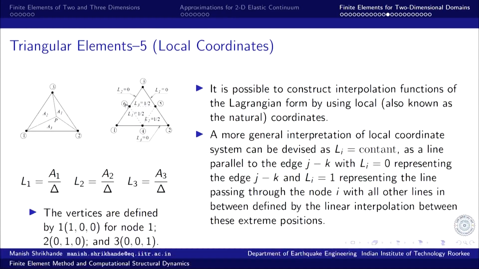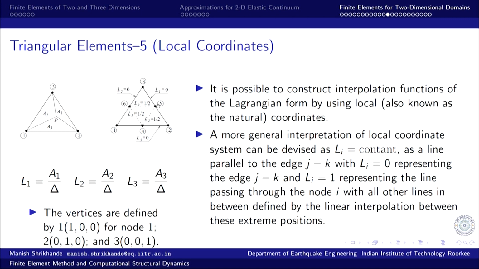So, the mid side nodes in this 6 node triangle all refer to, for example, line 6 4, which is midway between node 1 and this 2 3. So, L1 is equal to half along this line, and similarly for 6 5.